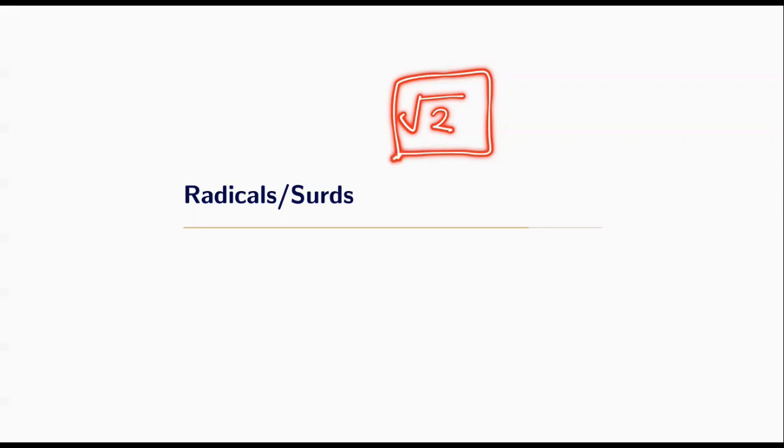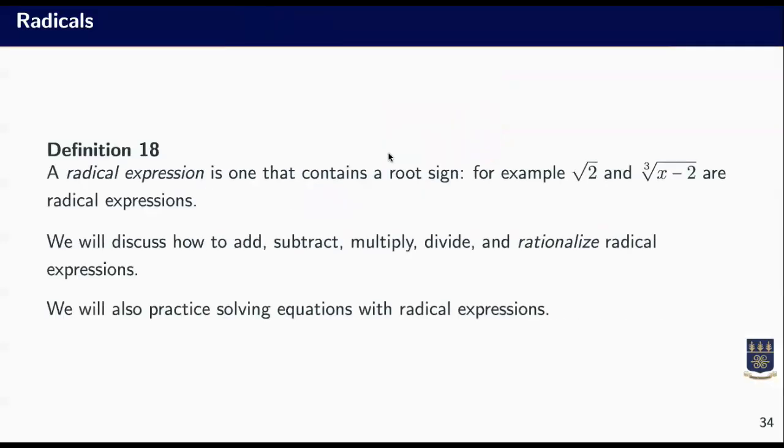And so in this part of the course, we're going to learn how to work with these sorts of radicals. Now, we can call them radicals because they are missing something. Like if you square the square root of 2, you get 2. And so you get a whole number. So we're going to work on things of that sort. So a radical expression is an expression that has a root sign.